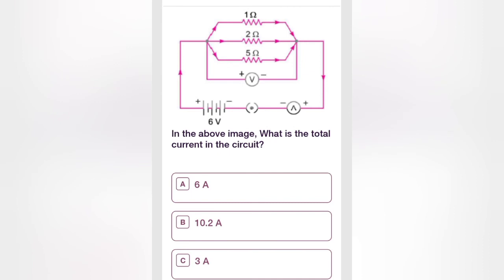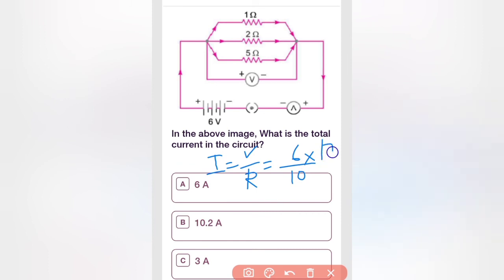What is the total current? See how to find the total current here. Total current is equal to V by R. V is 6 and just now we found the total resistance is 10 divided by 17. So into 17 we do. So you cancel this, threes are and this is fives are.